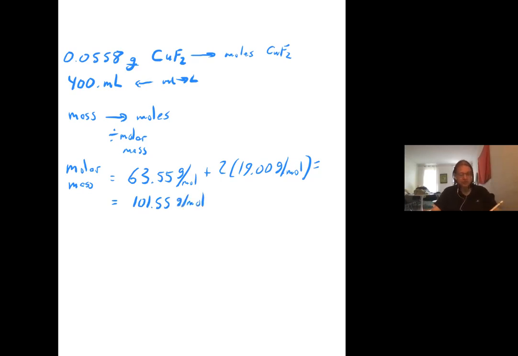Now we just do our little conversion. 0.0558 grams of copper 2 fluoride, and 1 mole of copper 2 fluoride weighs 101.55 grams.